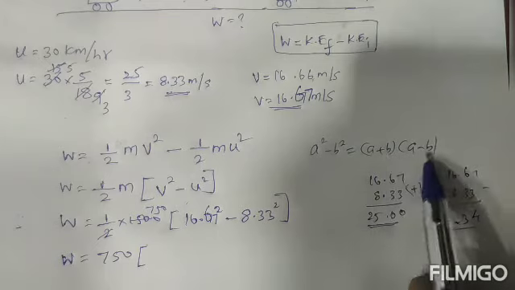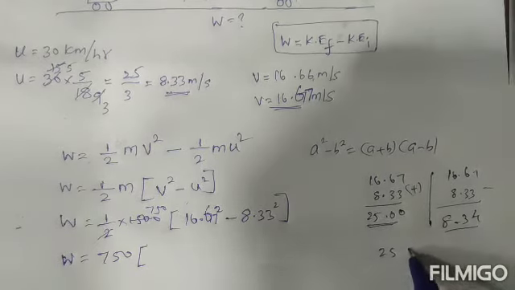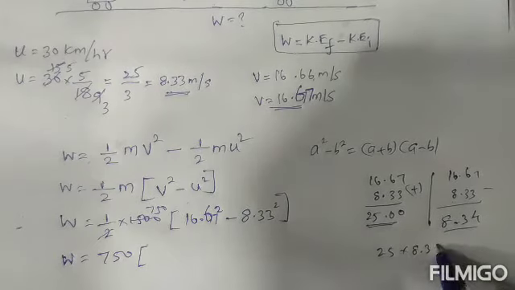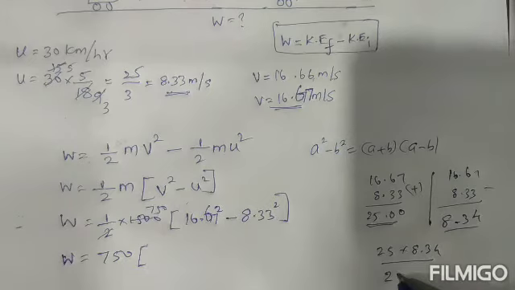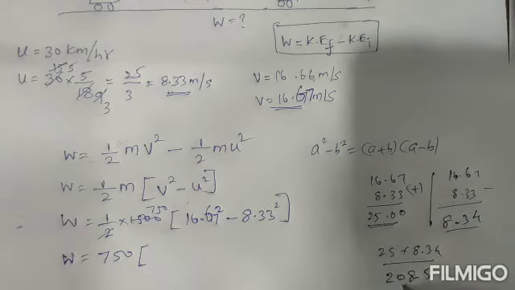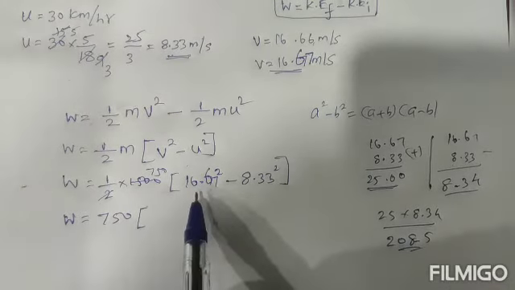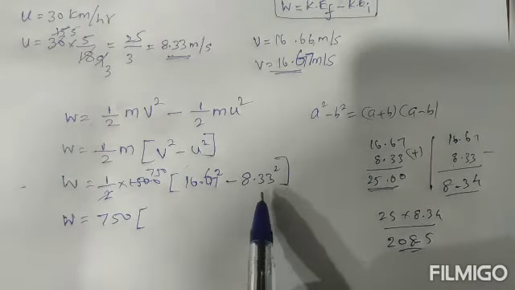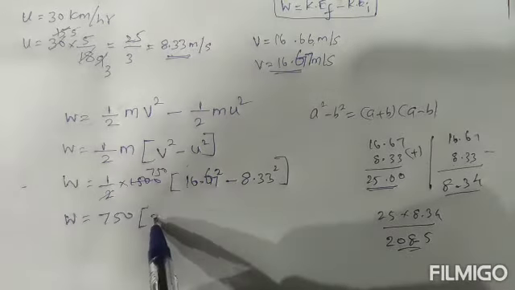So a plus b into a minus b. Finally I can multiply these two values, that is 25 into 8.34. This multiplication value is equal to 208.5. So very easily simplified. So 16.67 whole square minus 8.33 whole square is equal to 208.5.